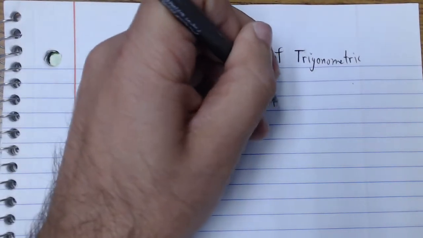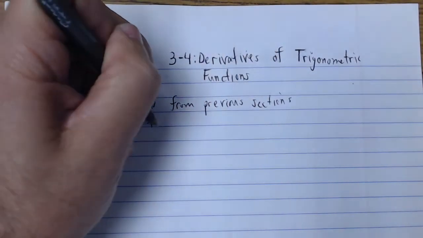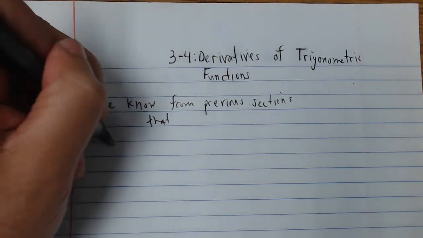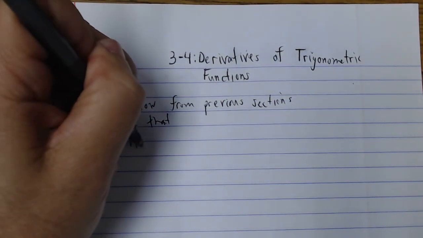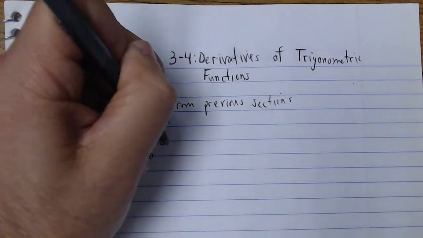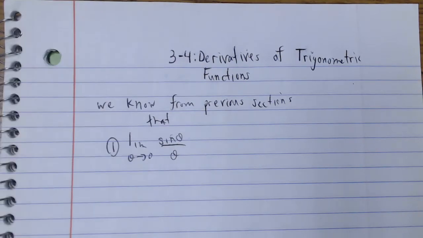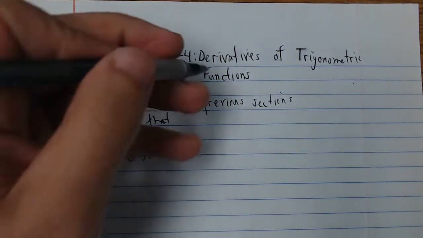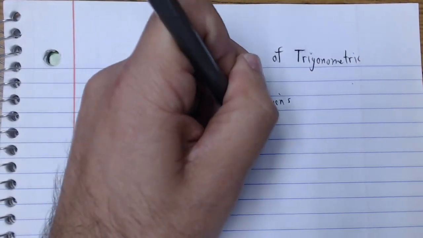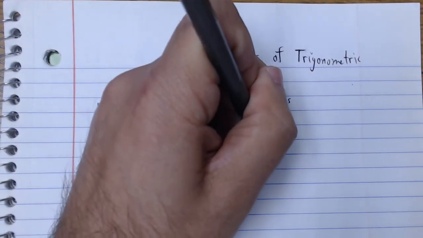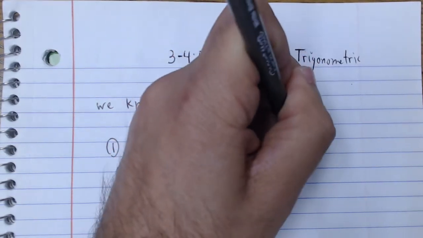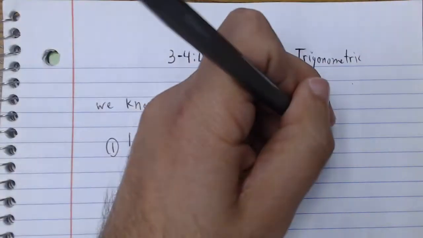So we know from previous sections that the following two statements are true. The limit as theta approaches 0 of sine of theta over theta equals 1, and if you remember, we've seen this before. And the second limit is the limit as theta goes to 0 of cosine of theta minus 1 all over theta, which was 0.